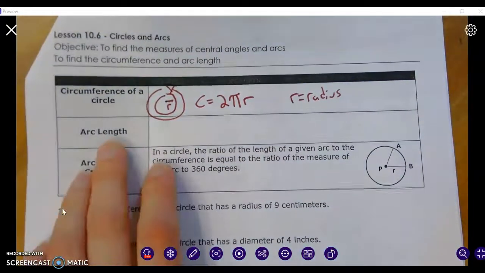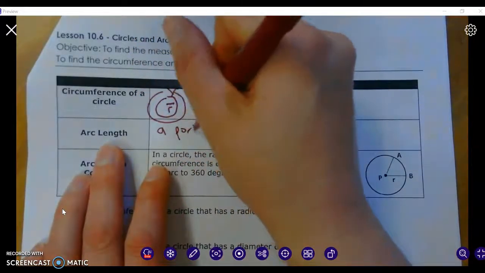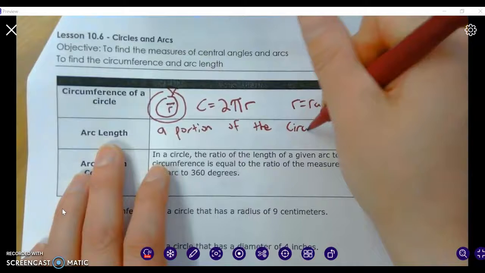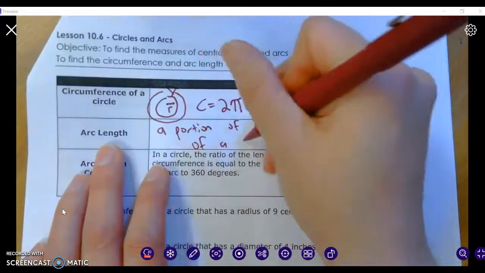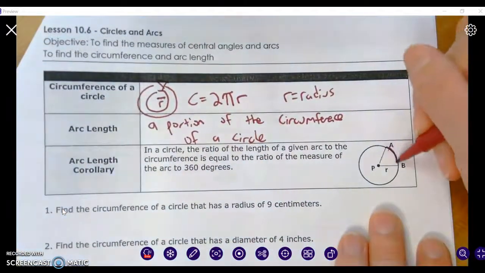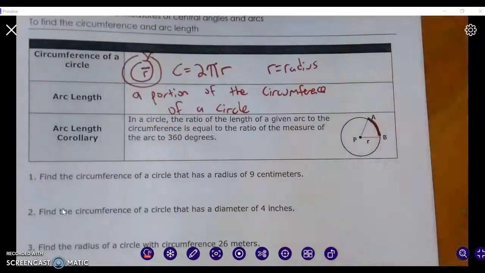Okay, so our new portion is we're going to be finding arc length. So arc length is a portion of the circumference of a circle. If you look over here, we'll be finding how long it is from just A to B. So instead of finding the distance all the way around the circle, we're just finding a portion of the circle.